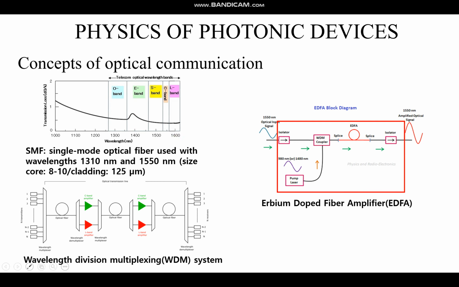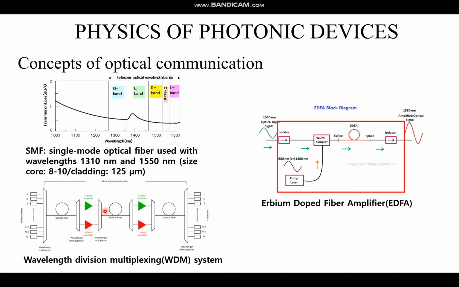And this is the picture of the wavelength division multiplexing system. Here are a number of transmitters, each with an individual different wavelength, and the signals with different wavelengths propagate through the optical fiber.